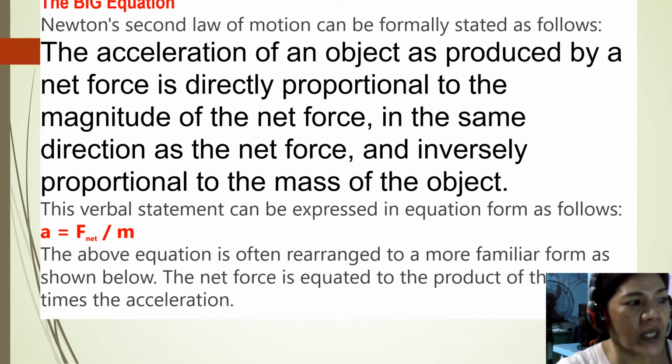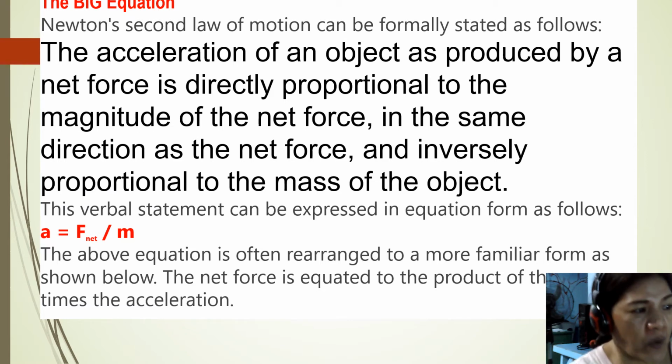So always try to remember that the acceleration of an object depends on the net force that you apply. This verbal statement can be expressed in equation form as follows. Acceleration is equal to the net force over mass.